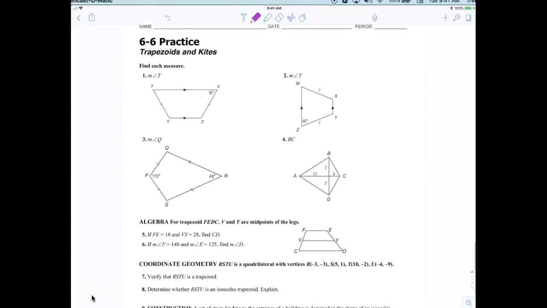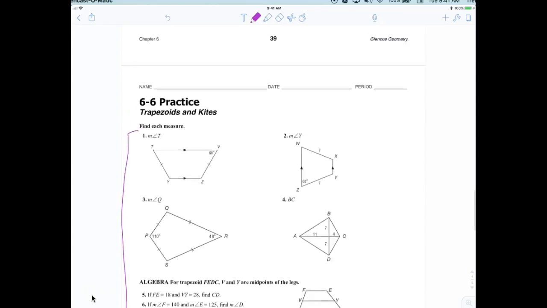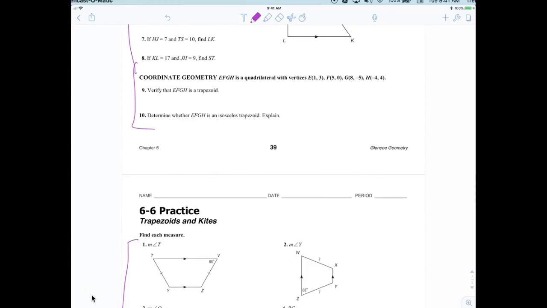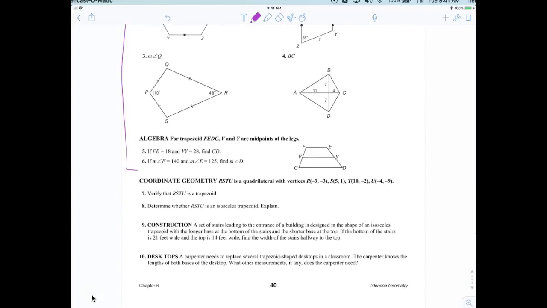And then I want you to do the easy problems over here, which is 1 through 6. There's only this one up here I want you to verify, but it's a trapezoid. So draw that out and then determine if it's an isosceles trapezoid, which I think is pretty easy. Everybody with me on that? So 1 through 10 and 1 through 6.